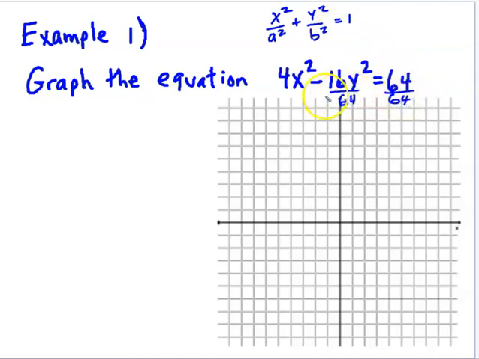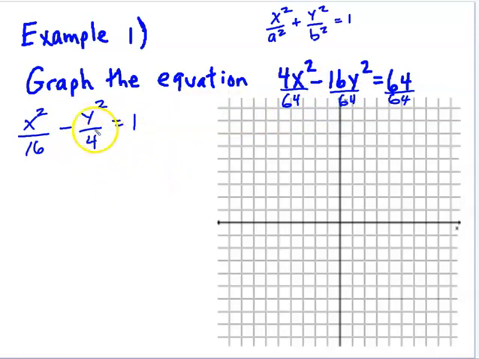This is a repeat of what we had to do for some of the ellipse equations. Now when you reduce, 4 over 64 would be 1/16, so that's x squared over 16 minus y squared over 4. 16 divided by 64 is 1/4, and that equals 1.